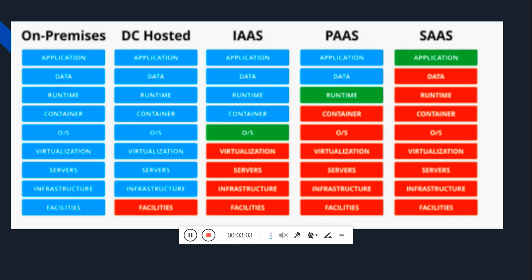All of the service models that we use today have evolved over time, with more and more parts of the stack being managed by the vendor. We'll never know what the future brings. So let's start with infrastructure as a service.